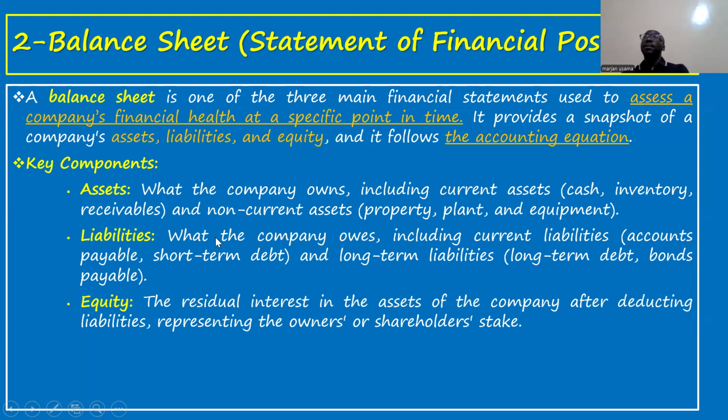Number two, we have the liabilities. This is what the company owes, including current liabilities. Accounts payable basically means that, for example, your suppliers supplied you with some goods and you need to pay them back.